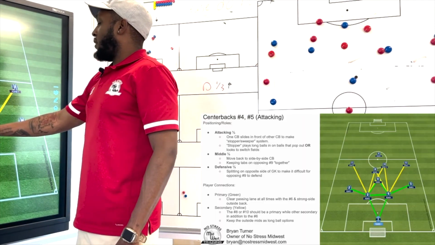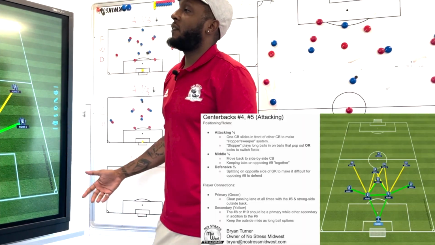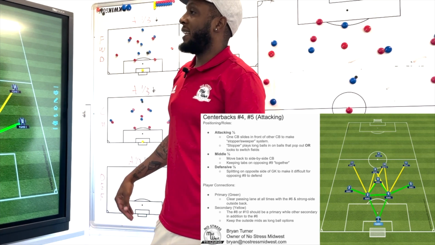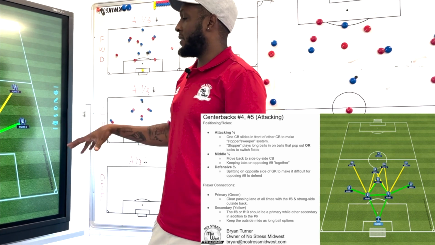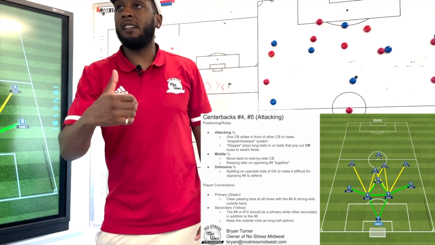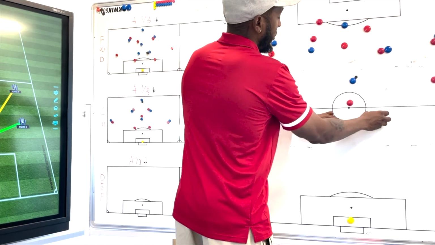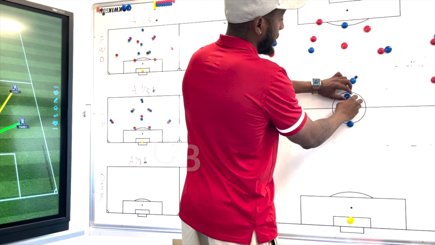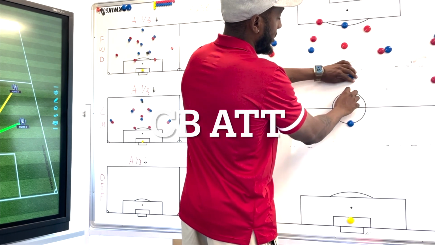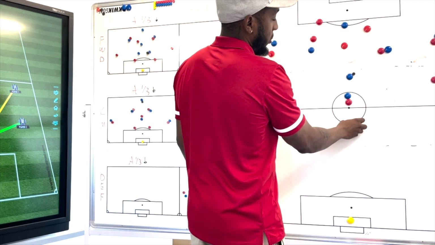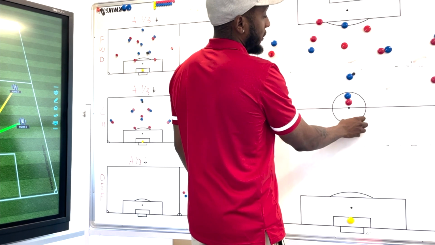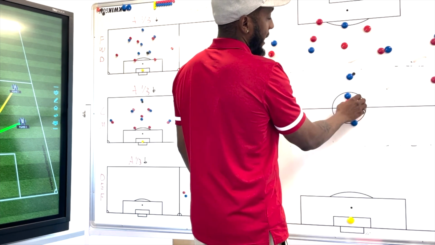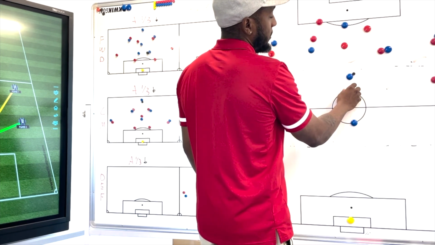So we're starting off with the center backs in the attacking phase of the game. We know that in the attacking third, we're having one of the center backs step up as the other one slides down, creating that sweeper, stopper type formation, keeping whichever one is the weak side, or whoever feels more confident being back versus the one who feels more confident being up.